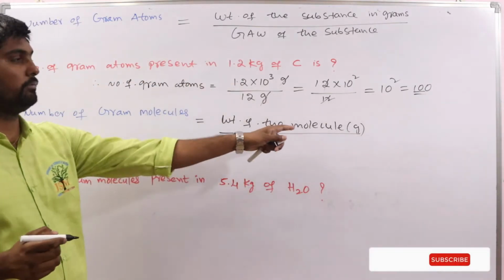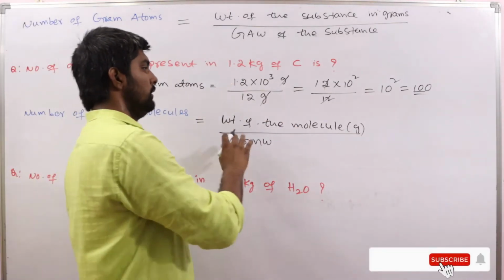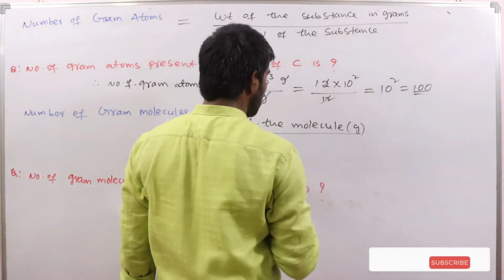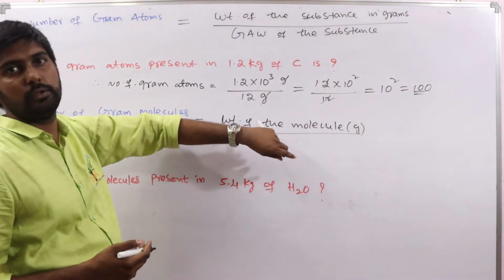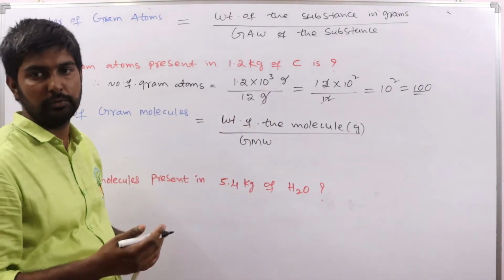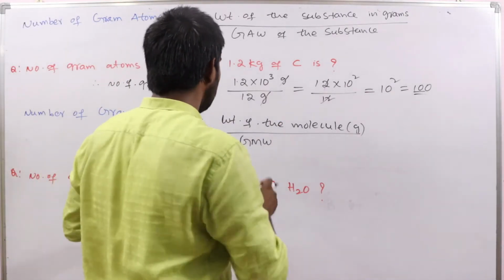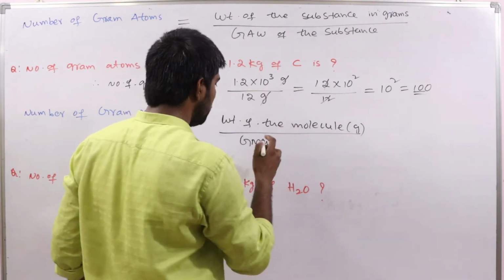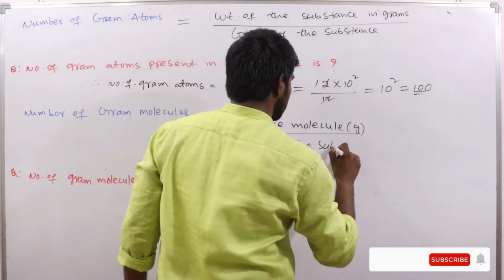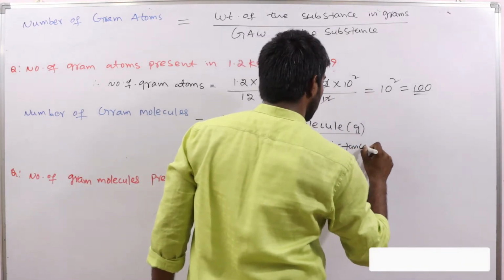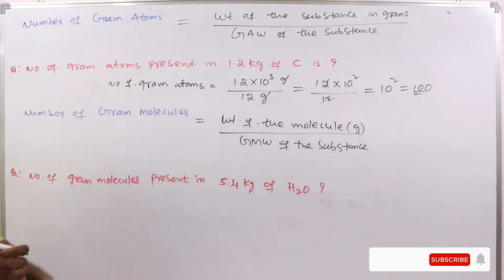Weight of the molecule or substance also we can write. Substance, molecule or sample, different books give it in different ways, no problem. So weight of the given molecule by gram molecular weight of the substance.